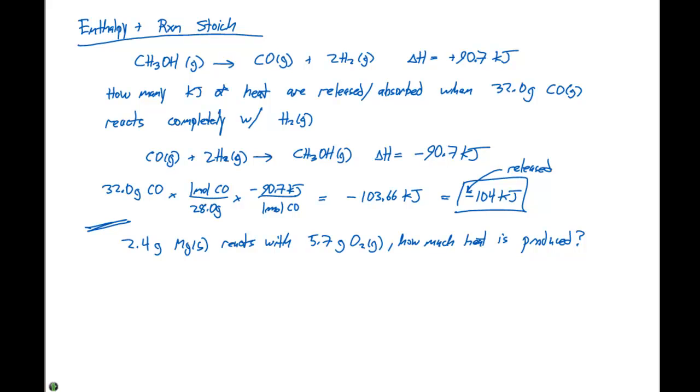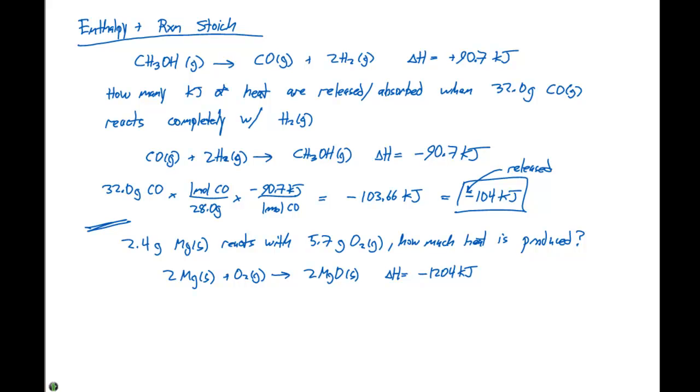So in this particular case, we need to have the overall balanced equation, and that is 2 magnesium solid plus O2 gas, giving us 2 MgO solid. The delta H for this particular reaction is negative 1204 kilojoules.